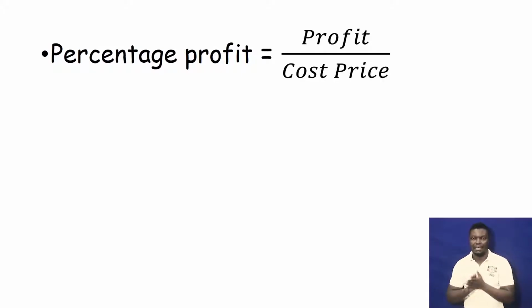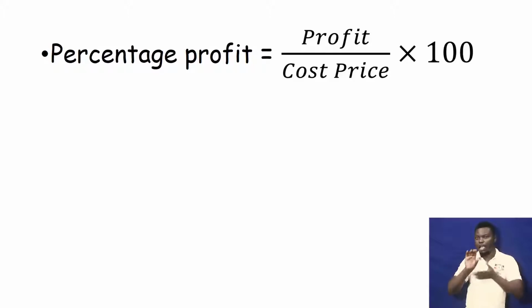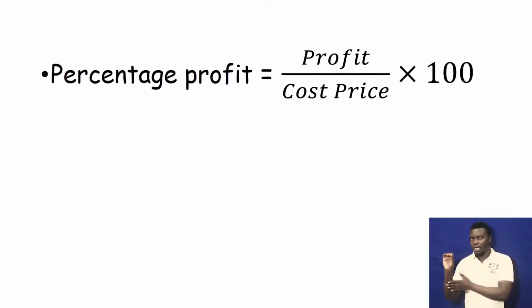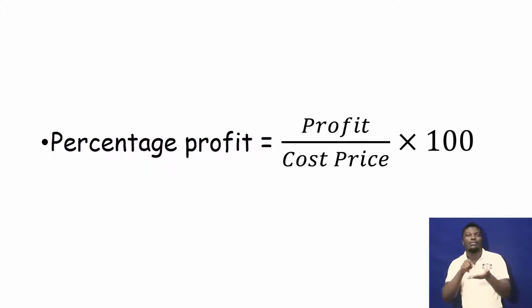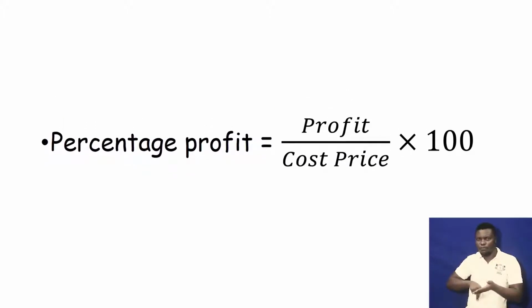It is profit divided by cost price multiplied by 100. Now, when you multiply by 100, it's because you're looking for percentage profit. 100 is coming in to give us a percentage. Profit is calculated over cost price. That's why we're using cost price and not selling price.